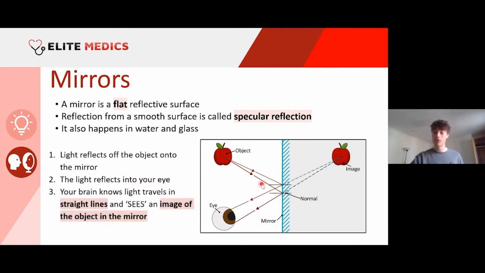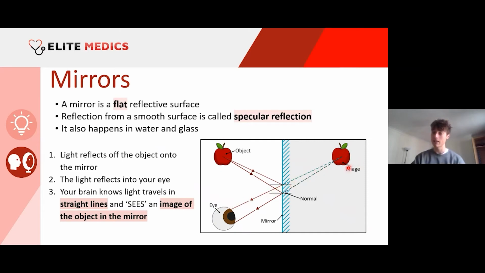How does it then produce an image? Well, your brain knows light travels in straight lines and sees an image of the object in the mirror. Light coming in this way seems like it's coming from behind the mirror.